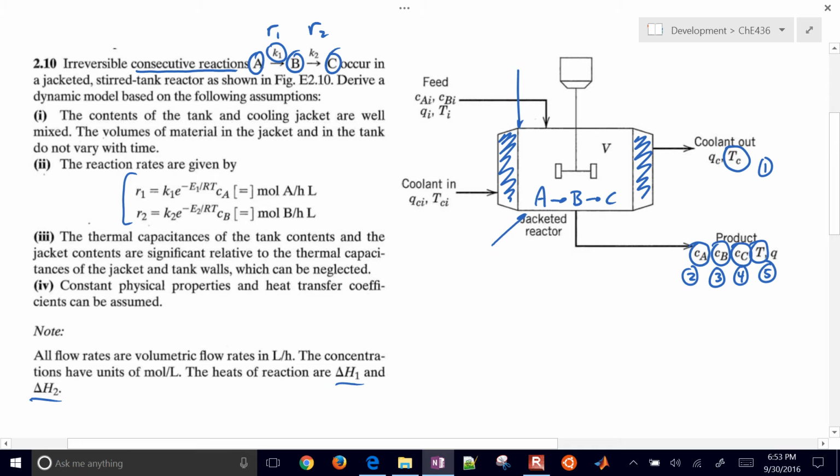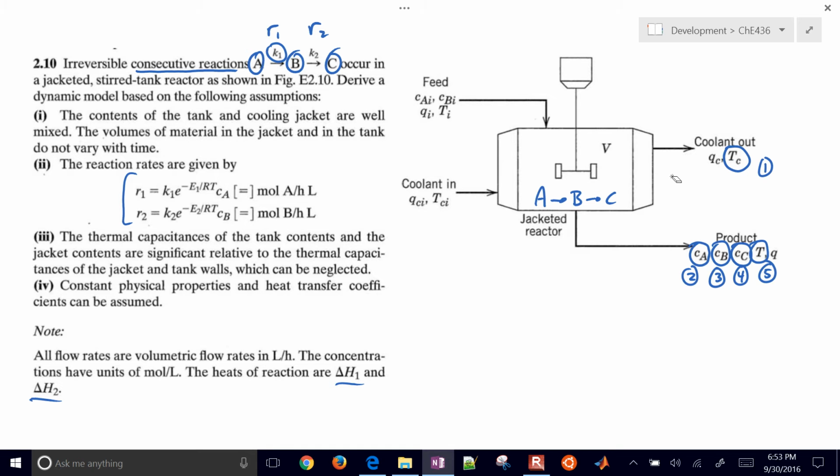So we don't have to account for the temperature of the tank or the walls as well. We can just assume that those are thin and relatively insignificant compared to the contents of the tank itself.